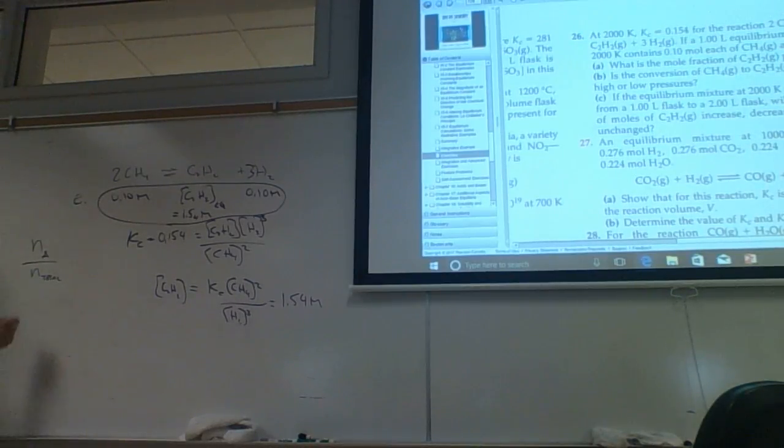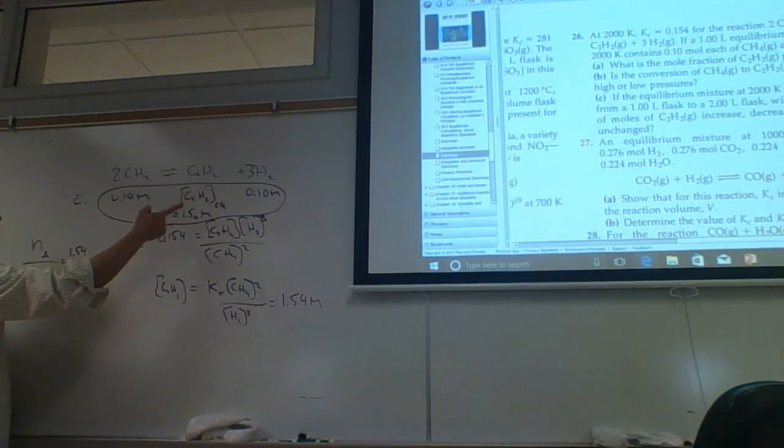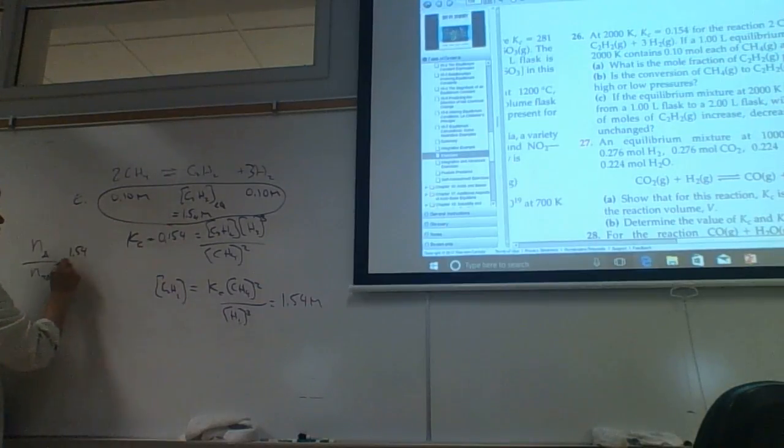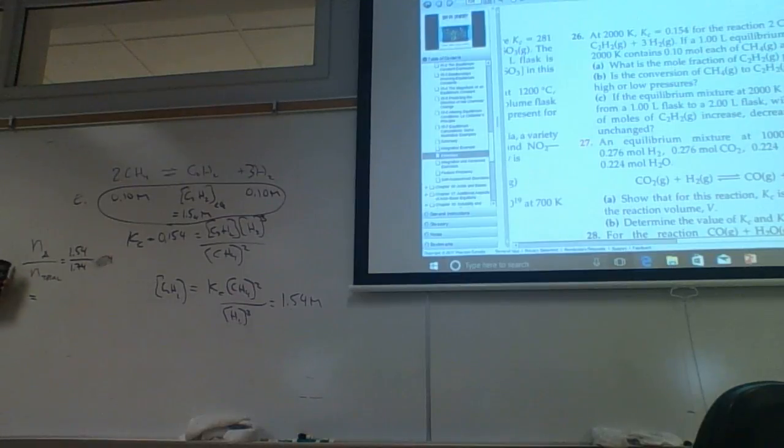So the moles of A is 1.54. Now, what is the total moles? The total moles, if I have 1 liter, will be 1.74. Actually, they just want the mole fraction, sorry, they don't want the mole percent. If I did the mole percent, I'd have to times it by 100.